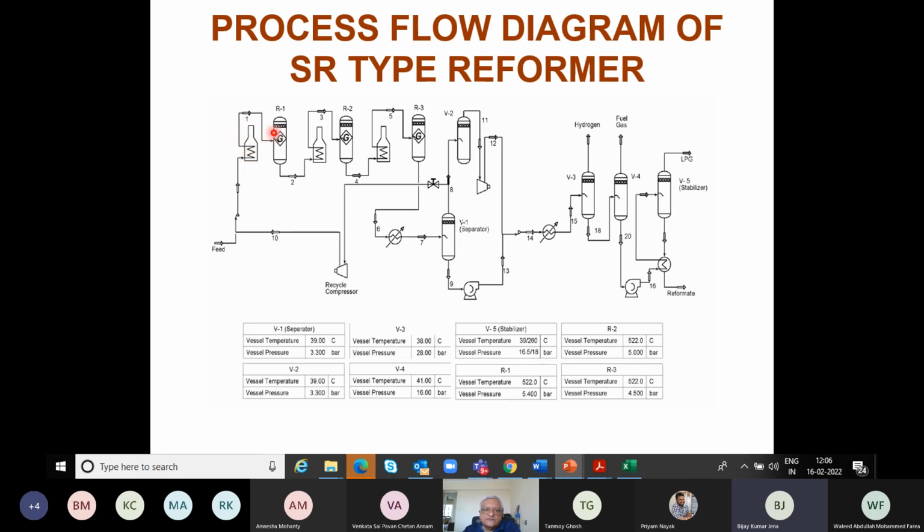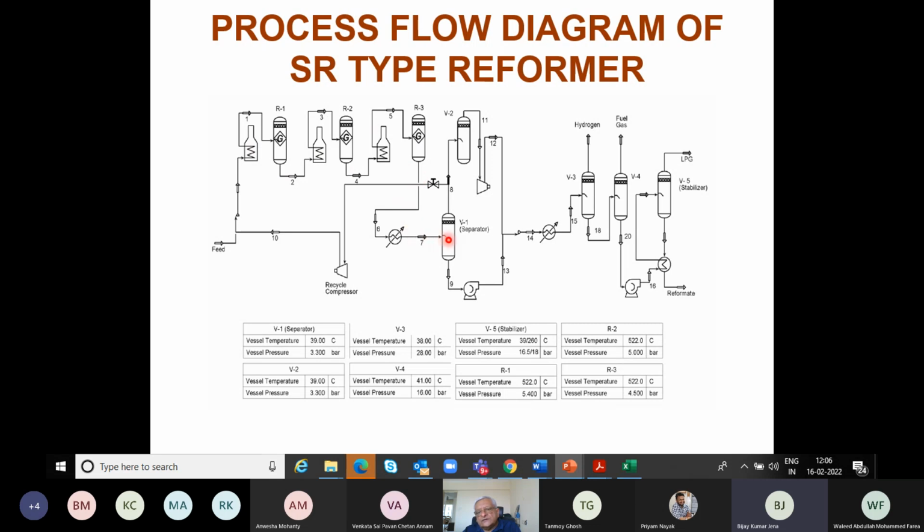And then it goes into the first reactor, then into interheater number 2, then into the second reactor, then heater number 3, then into the third reactor. When it comes out of the third reactor, you cool it. Here, of course, I've not shown the feed effluent heat exchanger, but this feed, before it enters the furnace, is preheated by this product.